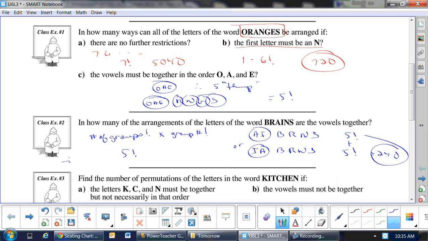How many things in the group? 2. If there was 3 things in the group, I would go 5 factorial times 3 factorial, because I can arrange in the group 3 factorial. Okay? So this way works all the time. Number of groups times the things in the group, I should probably say, factorial. So number of groups times the things in the group, factorial. Okay?